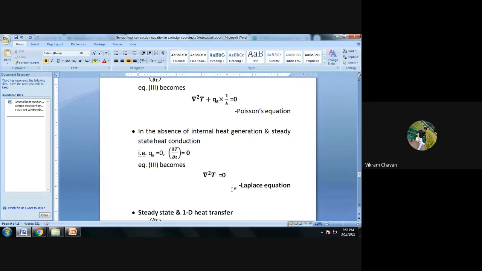Please write down the next form of general heat conduction equation.